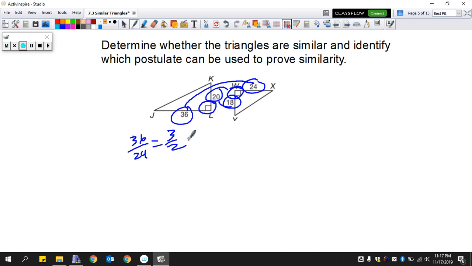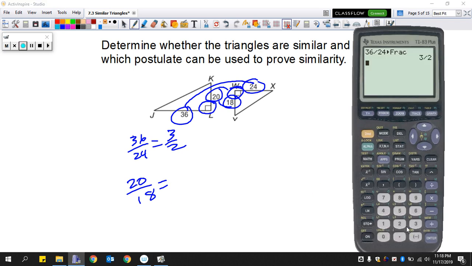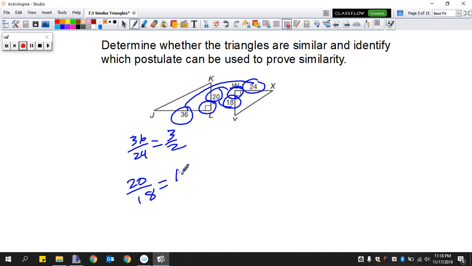That's a ratio of 3 to 2. The other one was 20 to 18, okay? And when we plug that in, we end up with 10 to 9.